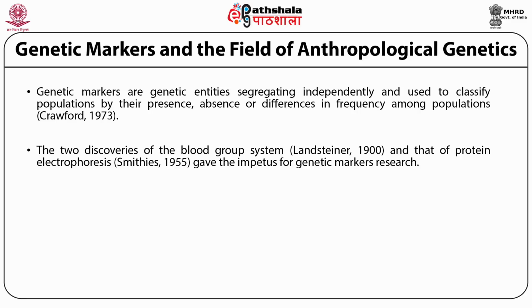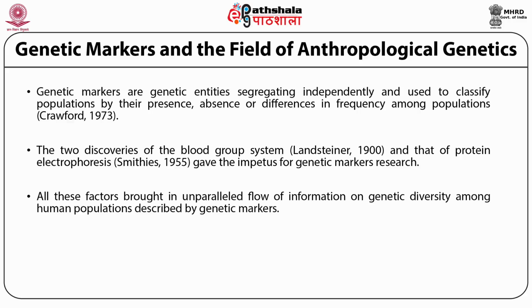Subsequently, other advancements in methodologies happened, ranging from isolation of genetic material to amplification of selected genomic regions and reading the composition and the sequence of the genome. All these factors brought in an unparalleled flow of information on genetic diversity among human populations described by genetic markers.